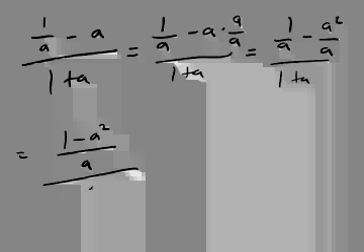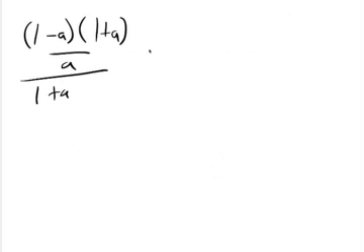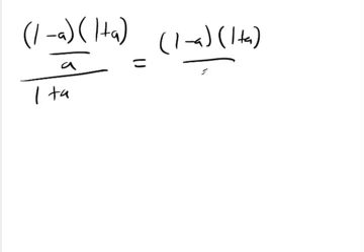which is equivalent to 1 minus a squared over a divided by 1 plus a, which is equal to 1 minus a times 1 plus a, divided by a, divided by 1 plus a, which is equivalent to being rewritten as 1 minus a times 1 plus a divided by a, multiplied by 1 over 1 plus a.